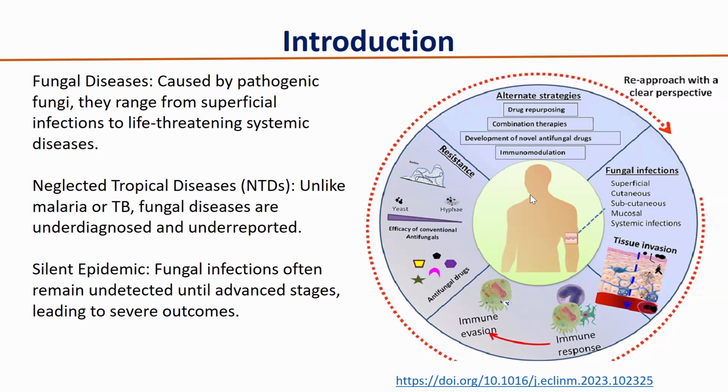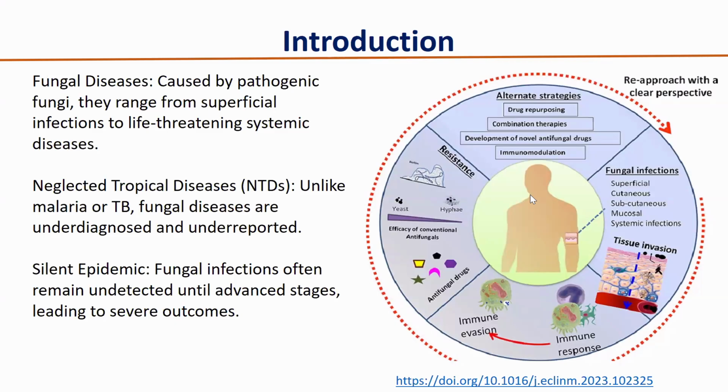So this has led to a silent epidemic, because most of the time when these fungal infections are recognized or detected, it is at a late stage, and this has led to very high mortality, especially in Sub-Saharan Africa. We should remember Sub-Saharan Africa hosts a lot of immunocompromised individuals, including HIV-infected individuals.